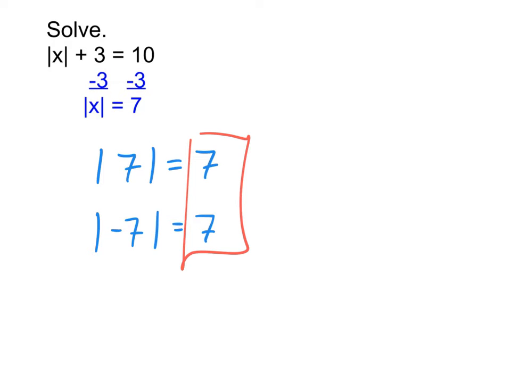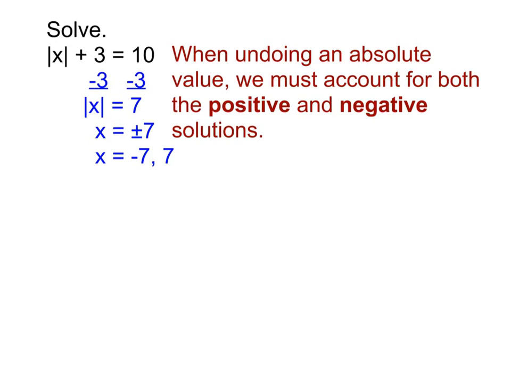In order to remove the absolute value, it's not like some special operation like square root, but we do have to create both a plus and a minus version of that answer. And so here we find that x equals negative 7 and 7. And again, that might be worth noting there to remind yourself that this is the step that we need to take on these.